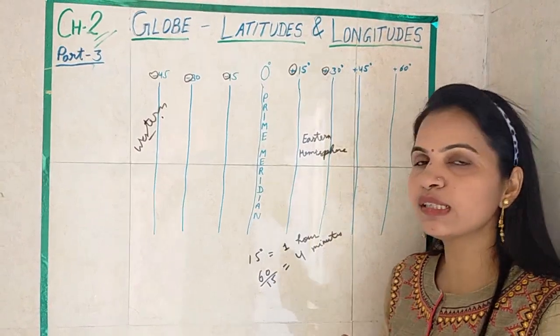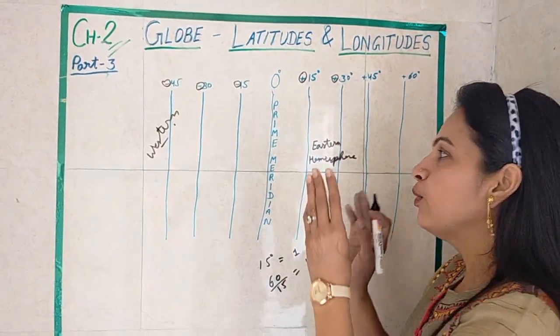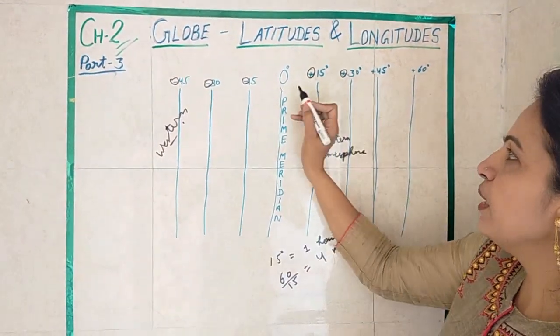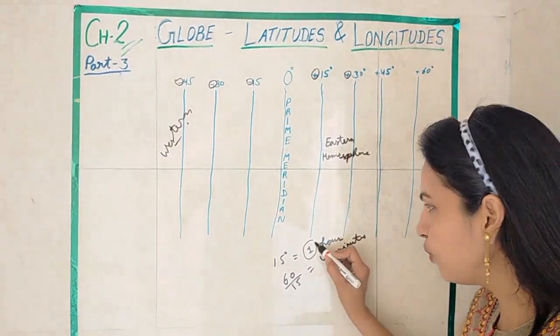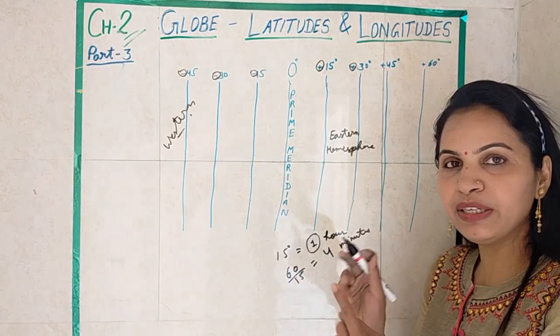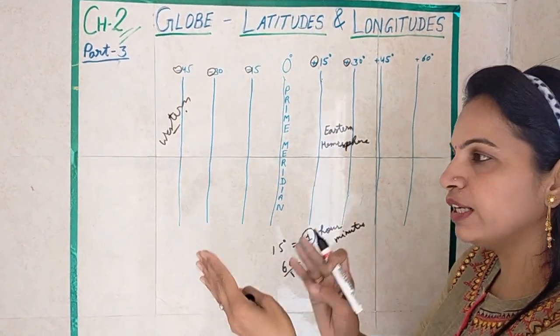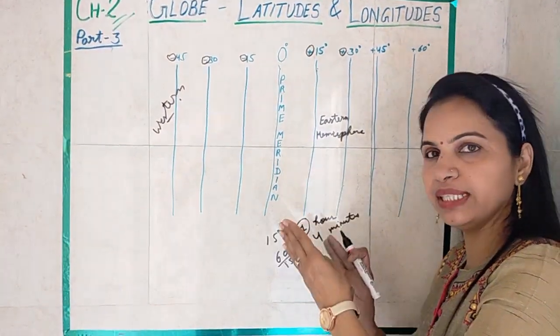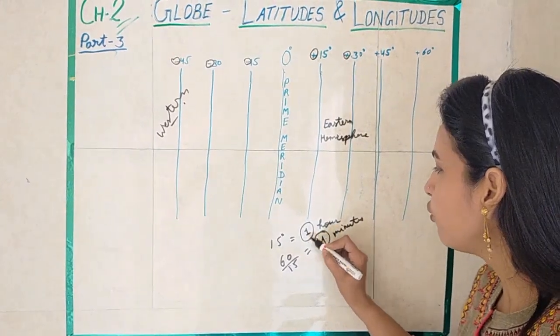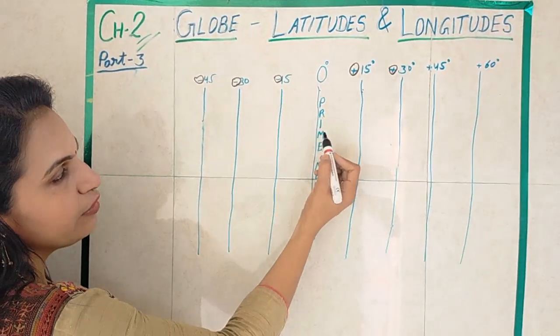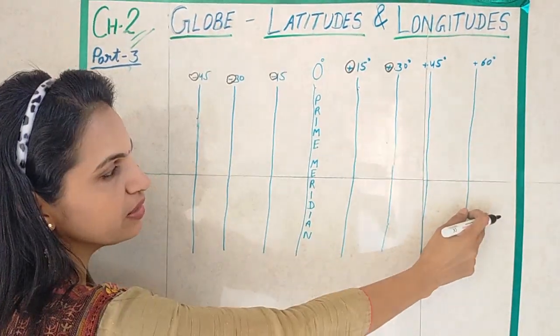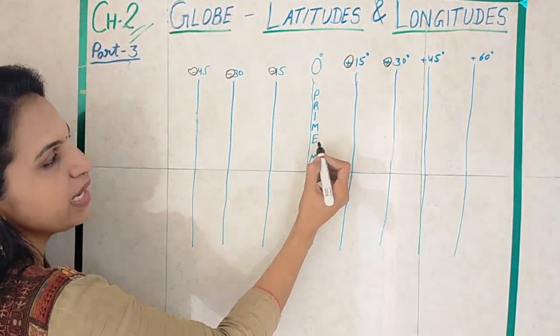So write down this point: when we calculate the time, after each 15 degrees there is a difference of 1 hour, and between each degree, from 1 degree to 2 degree, 2 to 3 degree, there is a difference of 4 minutes.